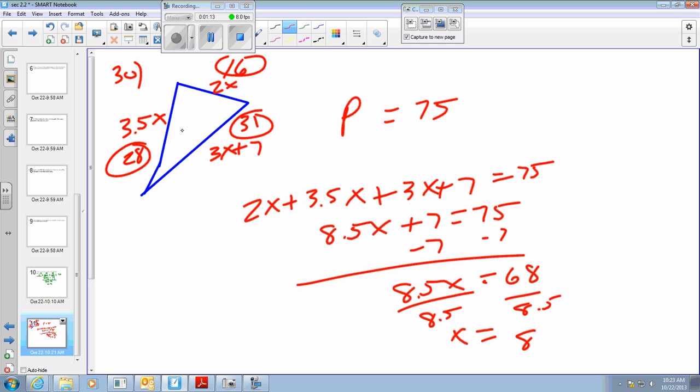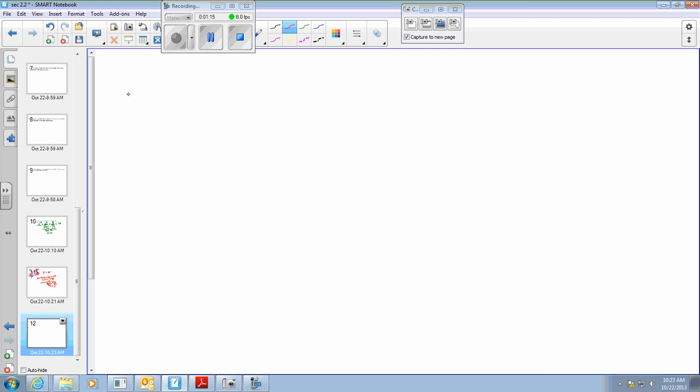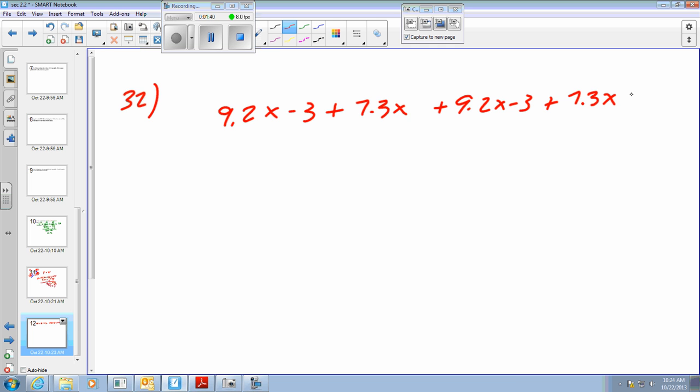Let's take a look at question 32. In question 32, we have the side lengths of a parallelogram, and we have the perimeter. The side lengths of the parallelogram are 9.2x minus 3 plus 7.3x plus 9.2x minus 3 plus 7.3x equals, the perimeter they give us is 324.